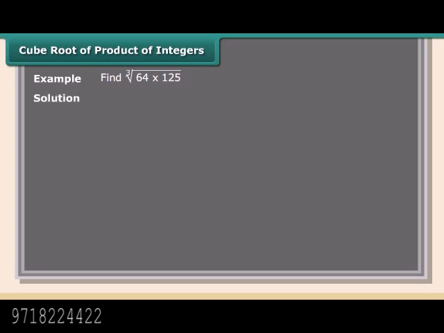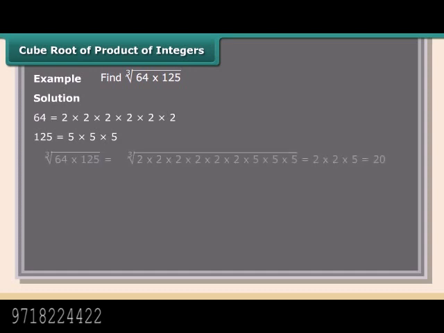Solution: 64 = 2 × 2 × 2 × 2 × 2 × 2, and 125 = 5 × 5 × 5. So ∛(64 × 125) = ∛(2 × 2 × 2 × 2 × 2 × 2 × 5 × 5 × 5) = 2 × 2 × 5 = 20.